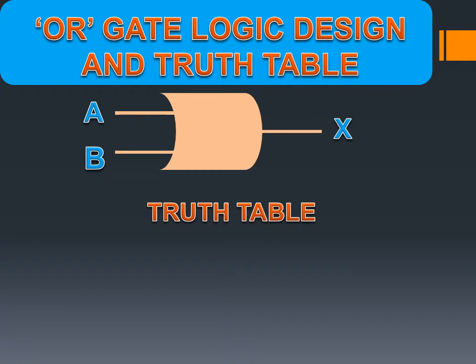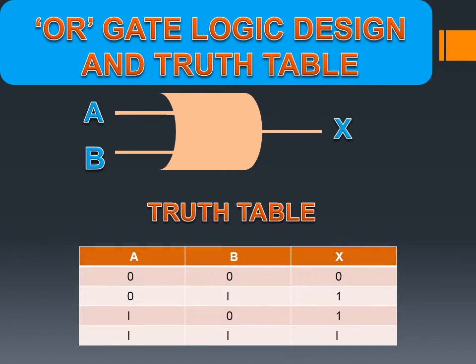Let me explain it with the truth table. When A is negative and B is negative, X will be negative. What we need from this OR gate is that one or both of them must be positive before we can get a positive.